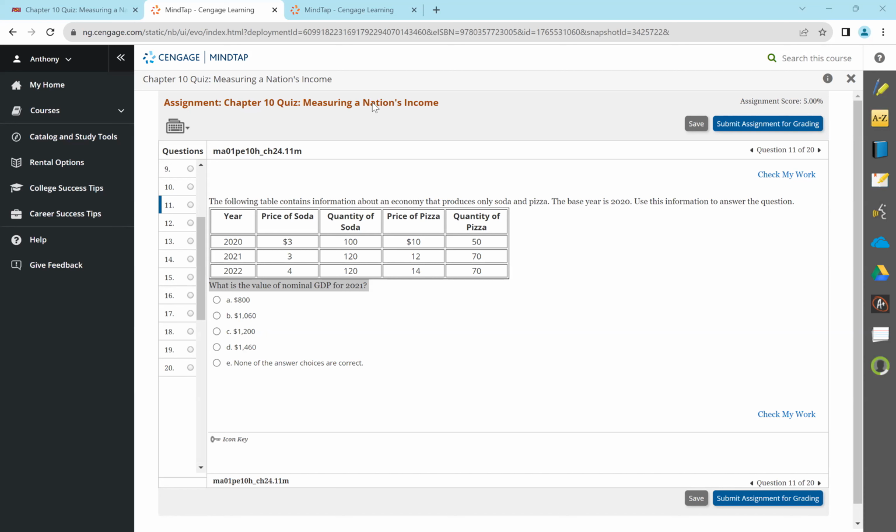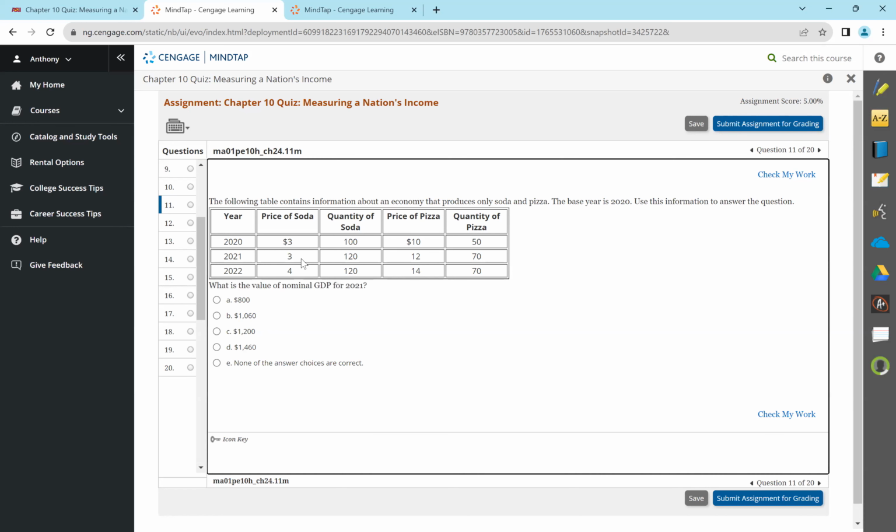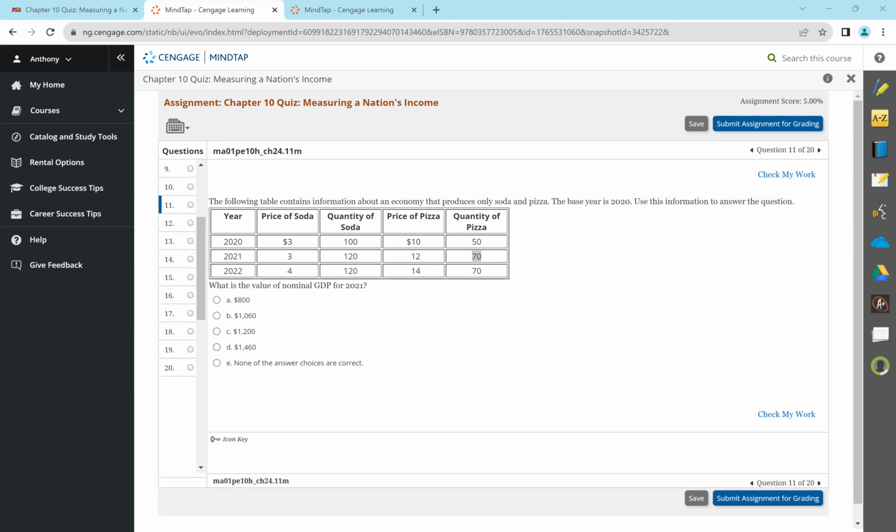Okay, so that was wrong. For nominal GDP, you use the current year's prices. So it's $3 times 120, that's 360. Then 12 times 70. Boy, I wish pizza were that cheap. I bought a pizza last week and it was way more than that.